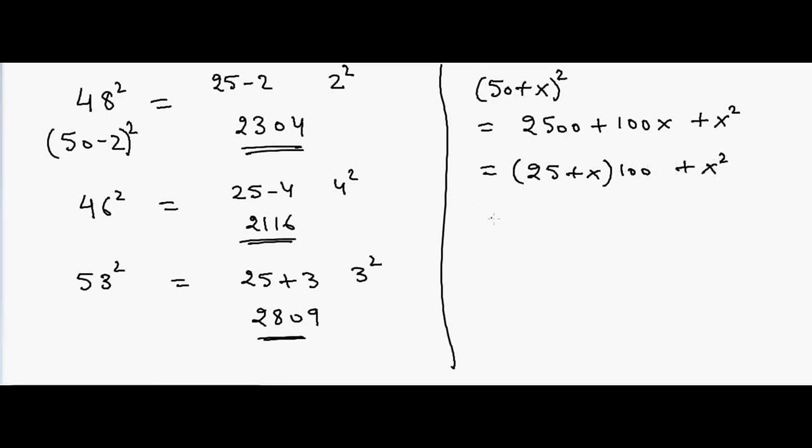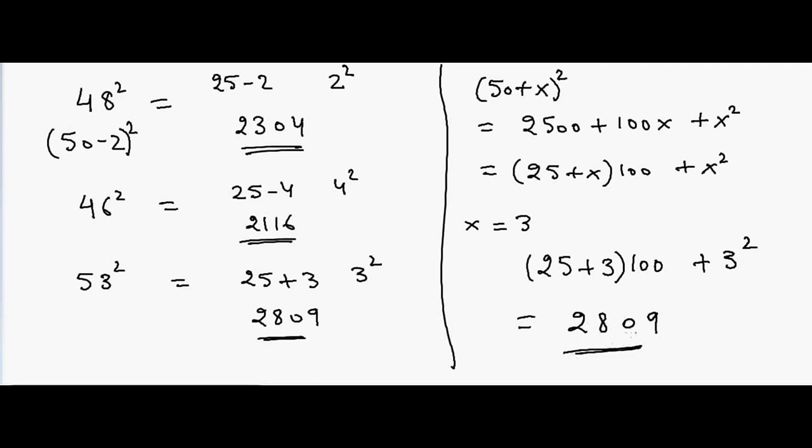So now as you can see that if x is equal to 3, then what I'm doing is I'm adding 25 plus 3, and then I am adding 3 square, so the answer is equal to 2809. So this is how this trick works. It's based on a plus b whole square.